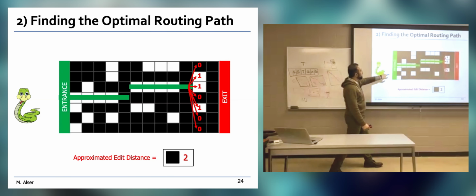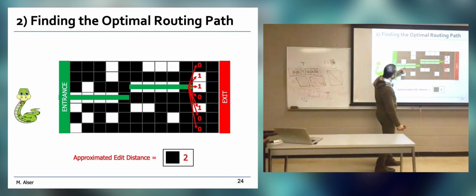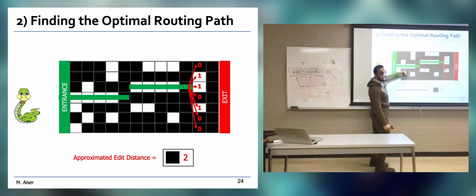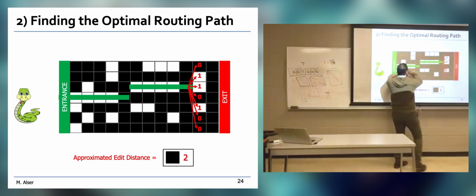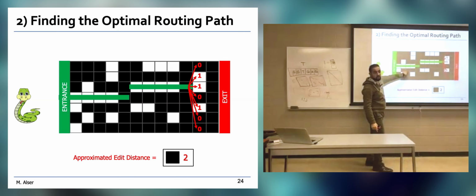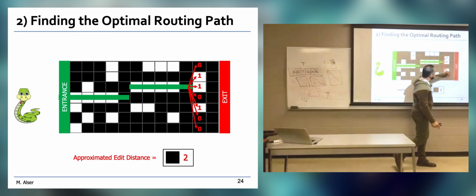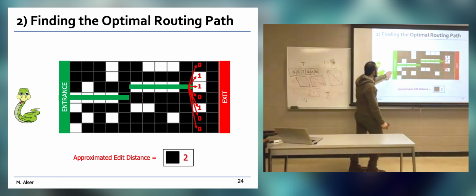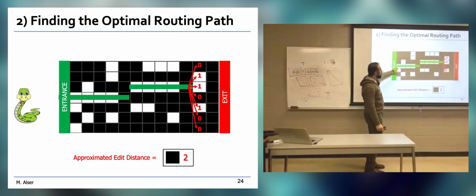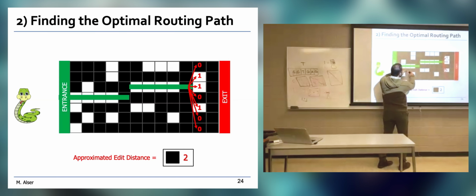How? Because imagine instead of choosing this path, there was another path starting from this point all the way to the end. Since we chose this path, we are going to skip everything in here, although those are part of the solution.